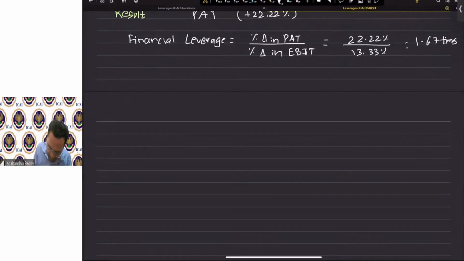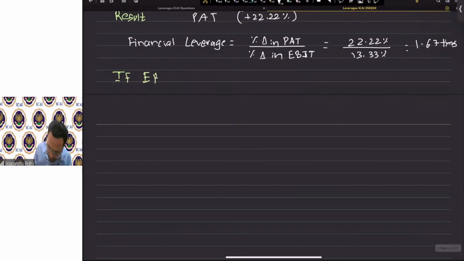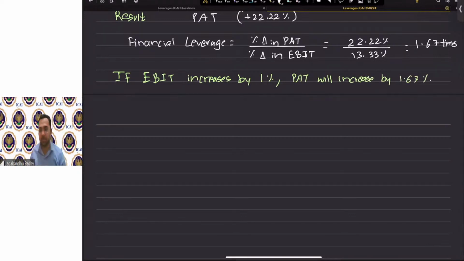So conclusion-wise, we can say if EBIT increases by 1%, PAT will increase by 1.67%.